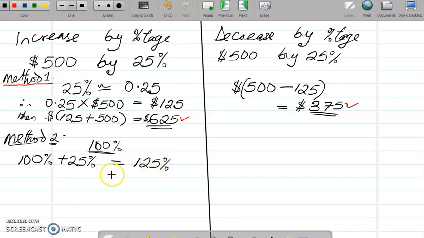If I divide this by 100, I will have 1.25. Okay, that gives us 1.25. So I will now multiply this by the amount we have. So we have 500 multiplied by 1.25. So what do you have? Check.